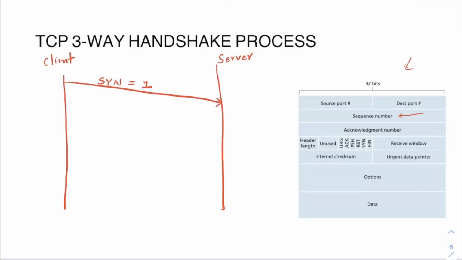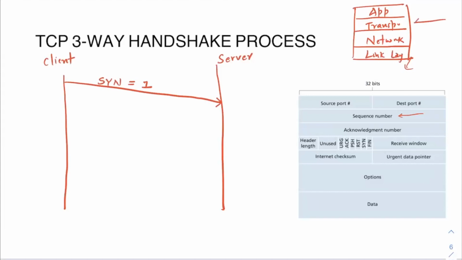If you remember from the TCP/IP protocol, there are around 4 layers. First you have the application layer, then the transport layer, then the network layer, and then the link layer. We are mostly concerned with the transport layer here.